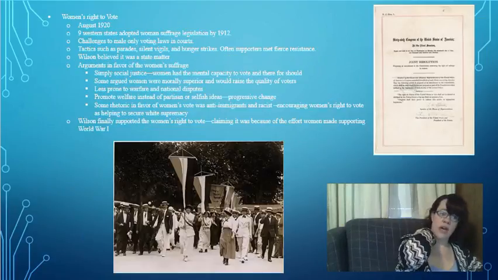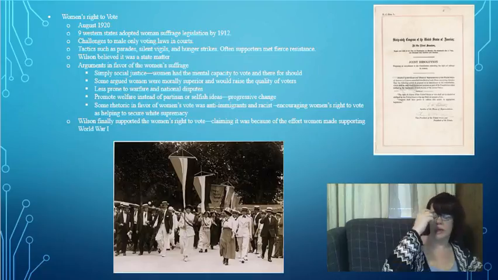Okay, so the second item that I'm going to discuss and cover in this lecture is the woman's right to vote, because it's also closely connected to World War I. The 19th Amendment is finally ratified in August of 1920.